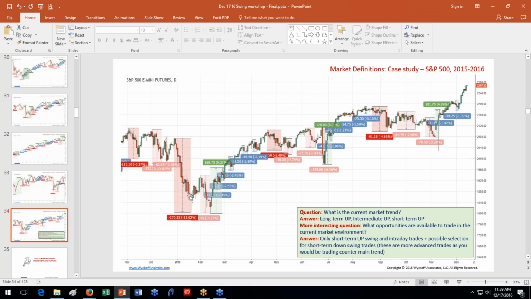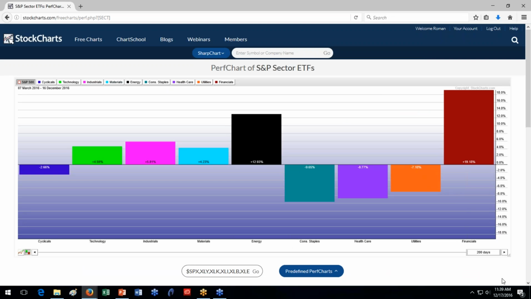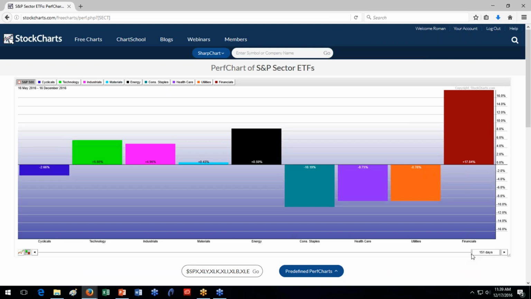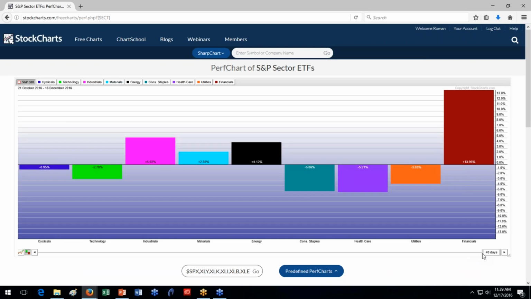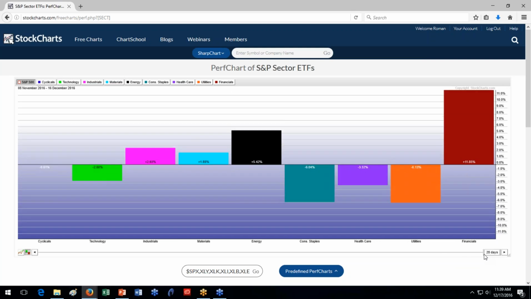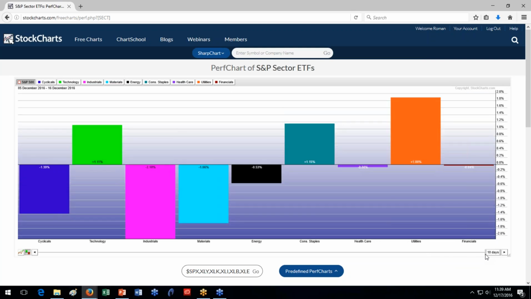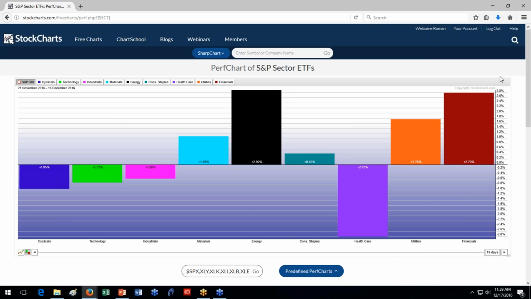One of the things that you can do with StockCharts here, if you are just a regular non-paid member, is to go to this sector performance chart, and this is a very great feature here, because as I'm contracting the number of days, it defines the time frame for me from 21st of November 2016 to 16th of December.